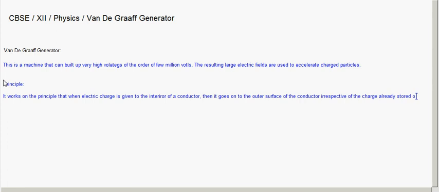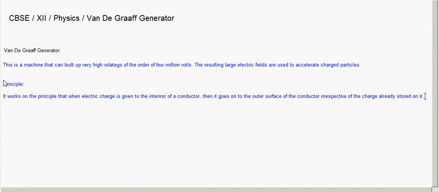So if you take a metal conductor and introduce charge inside the conductor, the charge distributes itself over the surface irrespective of what charge was existing on the conductor. In this way you can build up very high voltage.